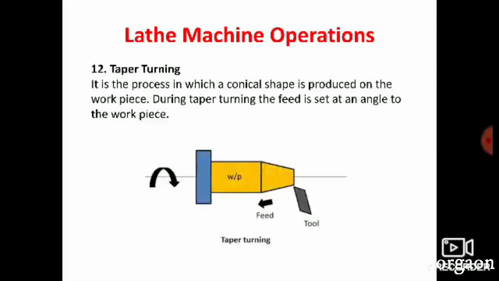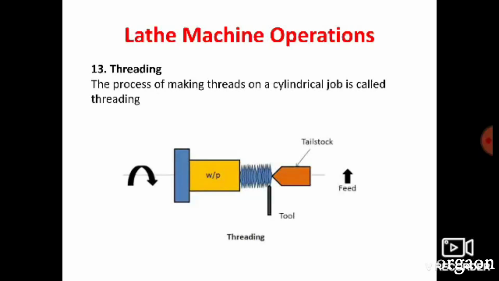Then taper turning, where we can reduce the diameter and produce a conical shape. And the last one is threading. We can generate the thread over the cylindrical workpiece with the help of either a threading tool or a single point cutting tool. So these are the operations that we can perform over a lathe machine.